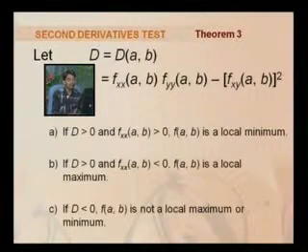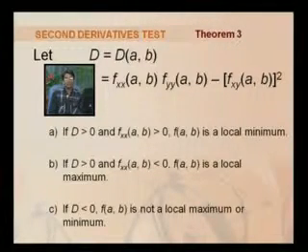In this way we define the second derivative D(a, b). And we have some conditions using which we can say that at the point (a, b) the function will have a maximum or minimum, or neither maximum nor minimum.